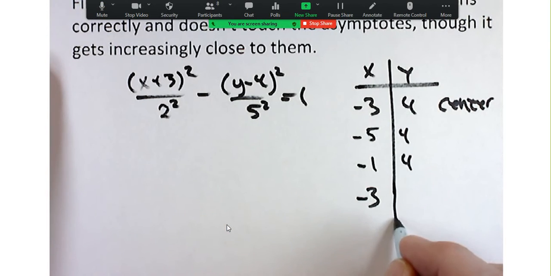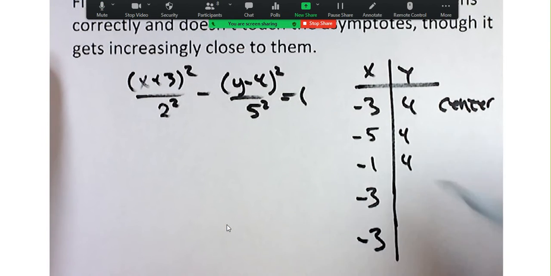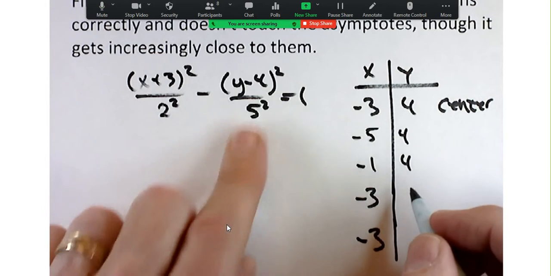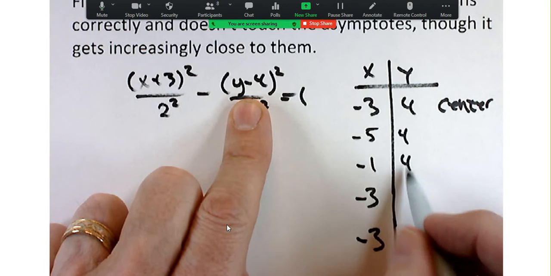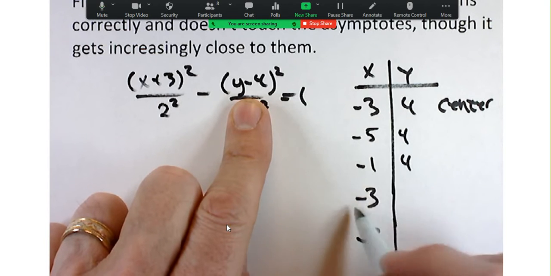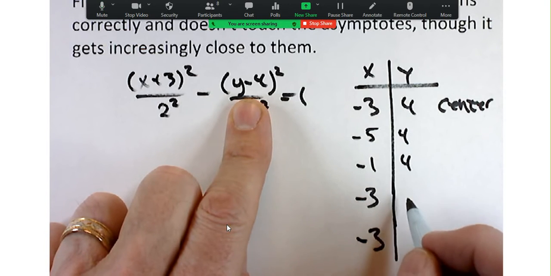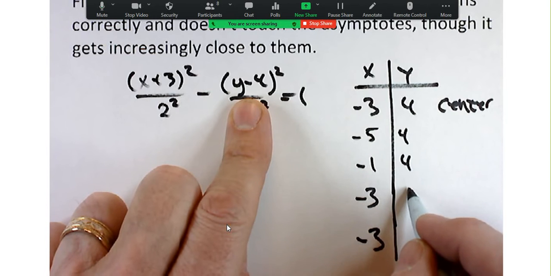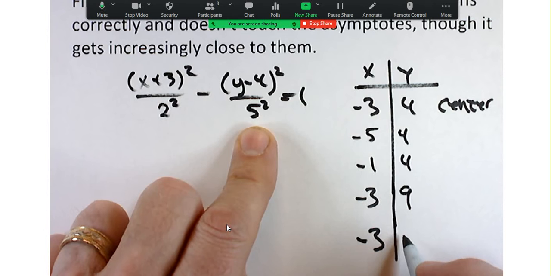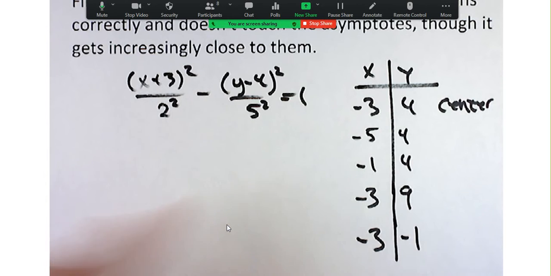So again, try and beat me to the punch, figure out what these are before I write them down. If I move up 5, I'm just changing the y coordinate. That's why the x coordinate's the same. So up 5 would be at -3 and 9, and down 5 would be -3 and -1.